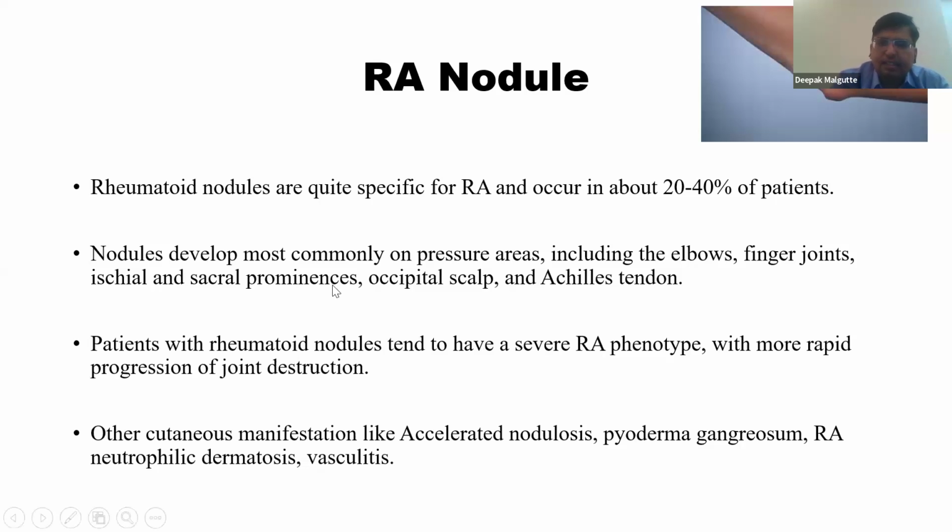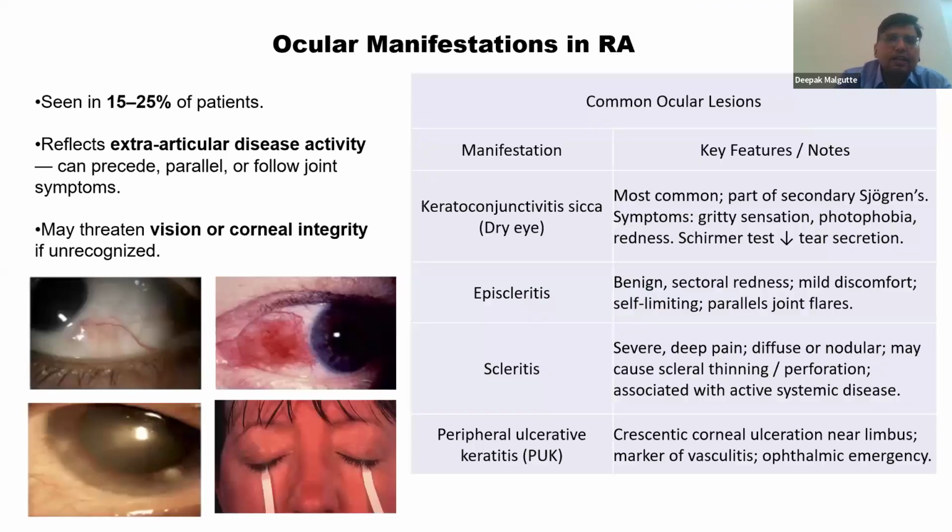Other than this, subcutaneous nodule with arthritis can be seen in patients having scleroderma, where the subcutaneous nodule could be calcinosis, or it can be seen in inflammatory bowel disease, where it can be erythema nodosum like swellings.